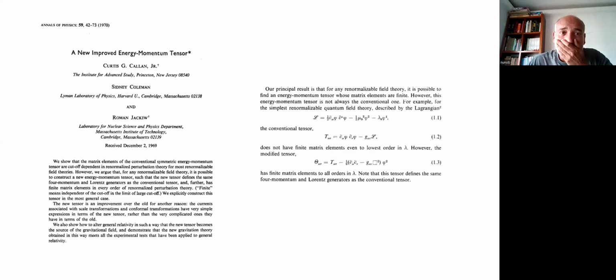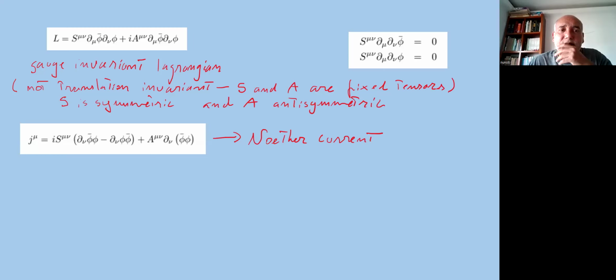And here, this is another example of such an ambiguity. I constructed this model, which is a Lagrangian, which is gauge invariant, as you can see. These are fixed tensors. So this is not invariant under space-time transformations, but it is gauge invariant, okay?